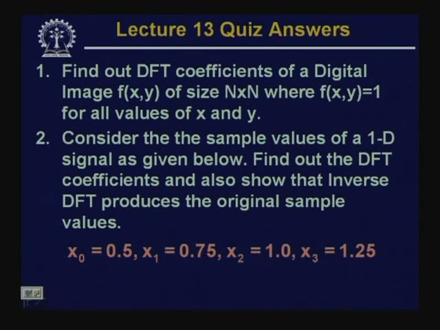The first question we said that find out DFT coefficients of a digital image f x y of size capital N by capital N, where f x y equal to 1 for all values of x and y. Now, this computation is very simple.